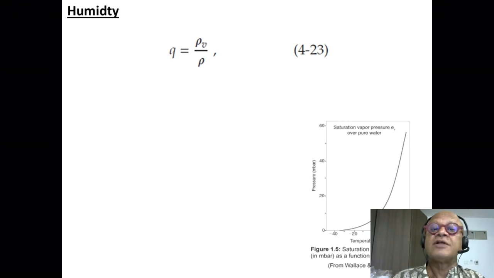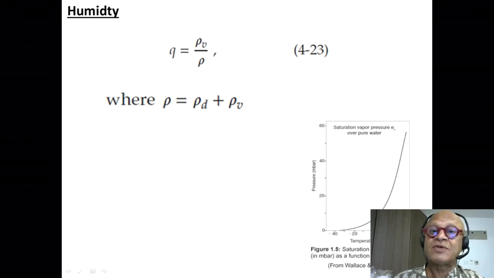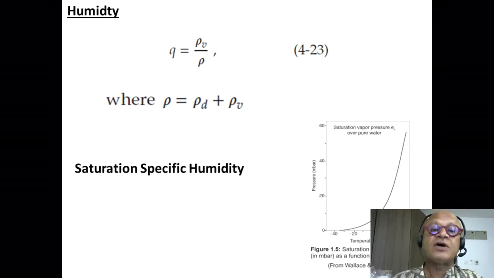So density of water vapor divided by density of air, which is dry air plus water vapor. Okay, and can you guess whether moist air is heavier than dry air or lighter? Well, it turns out you may already know that moist air actually reduces the density of air.